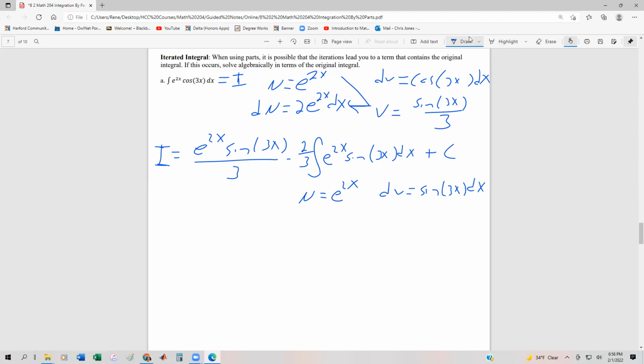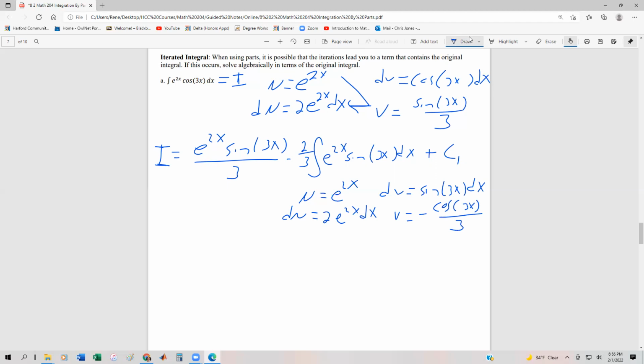I'll call that constant C1, although it doesn't matter, you can call it C. Now, we're going to get the same derivative for du, 2e to the 2x dx by our chain rule. And then v this time, we're still going to divide by 3, but we're going to get a negative cosine since the antiderivative of sine is cosine. So this is going to be negative cos 3x divided by 3.